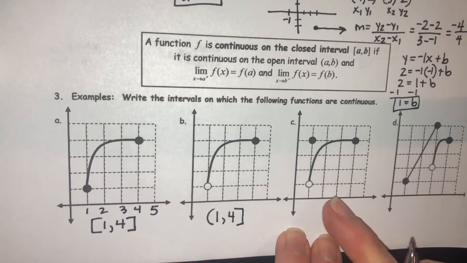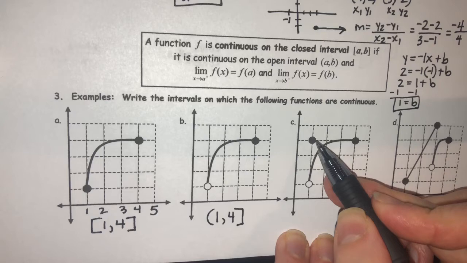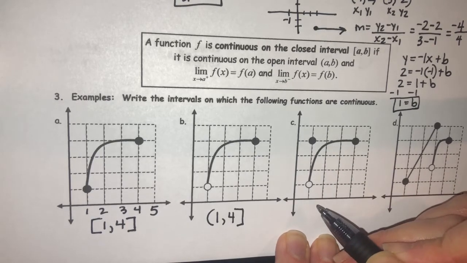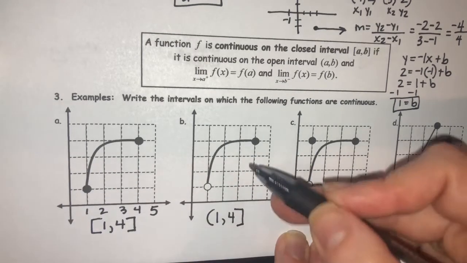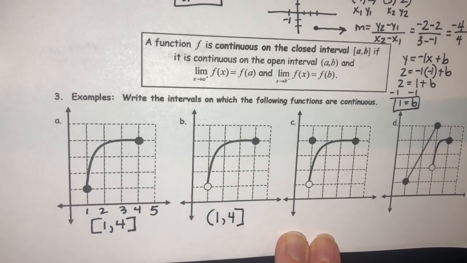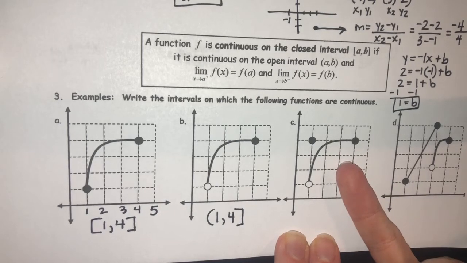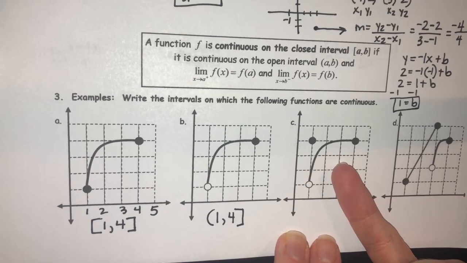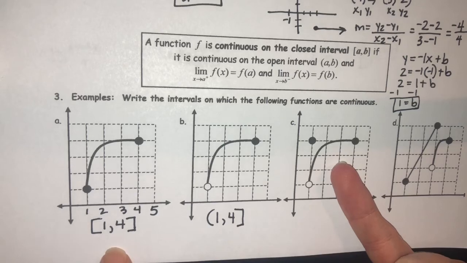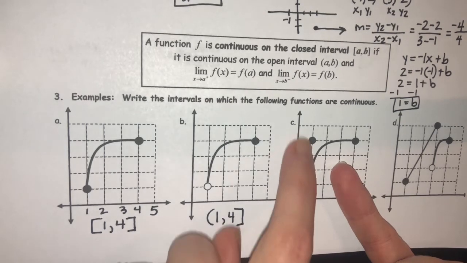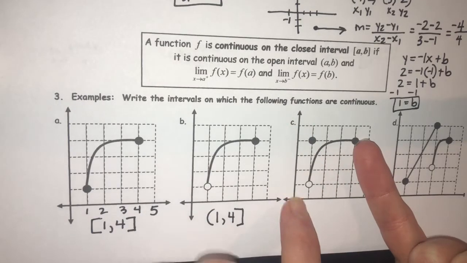Now C looks a whole lot like B except they've added this point up here. This is where we're getting at the fact that we're not talking about the domain of the function. The domain has matched the continuity for A and B. The domain is not going to match the continuity for C because the domain of graph C is the same as the domain of graph A, from 1 to 4, including both endpoints, because it is defined on both endpoints.